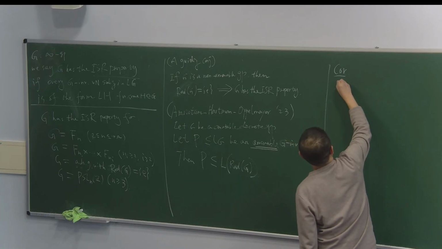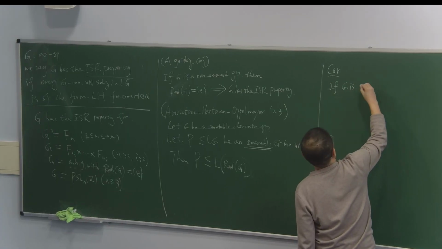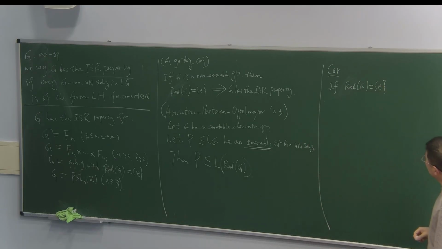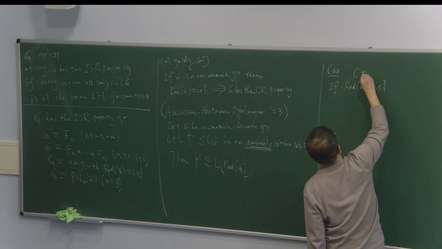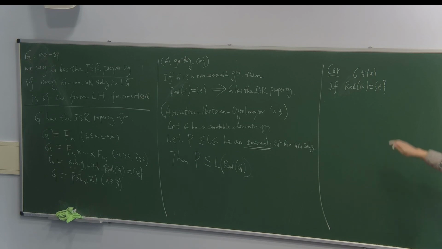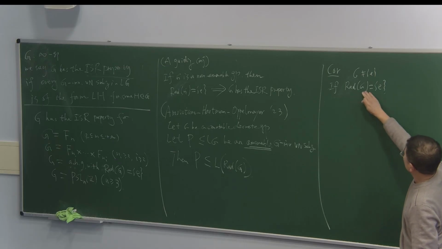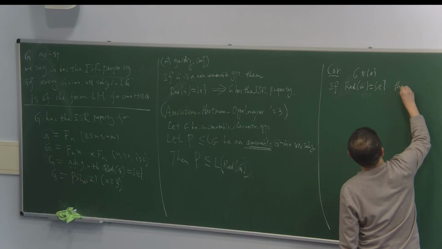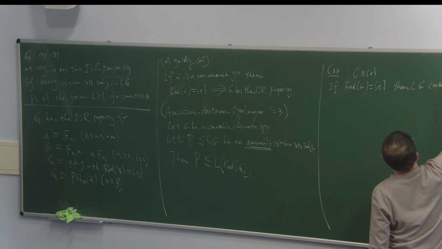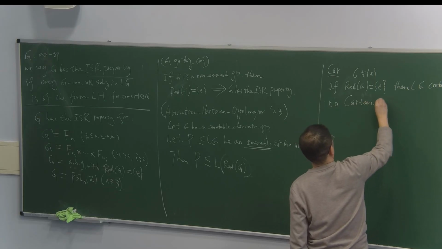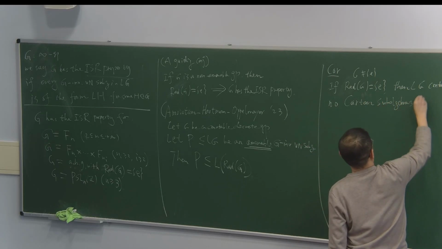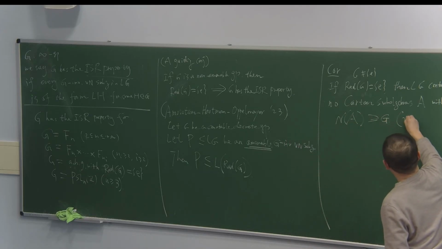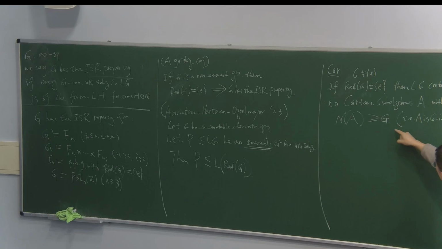For example, let's assume G is non-trivial, since trivial groups are not interesting. If G has trivial amenable radical, then LG contains no cut-down subalgebras A with the assumption that the normalizer of A contains G. In other words, A is G-invariant.